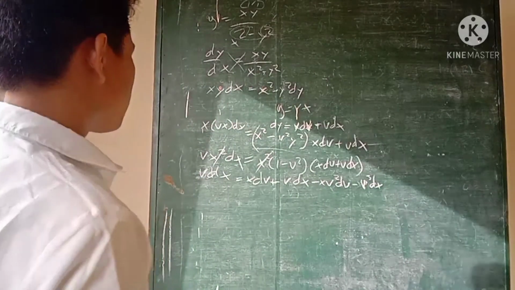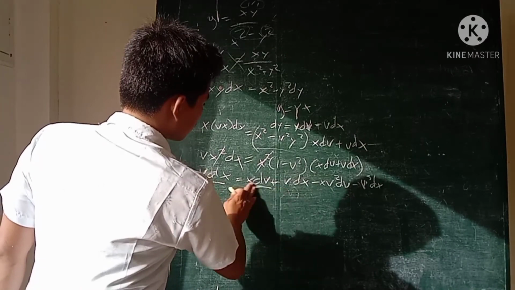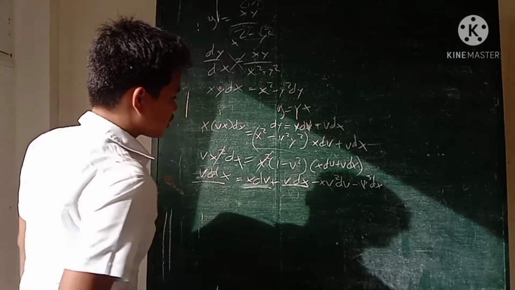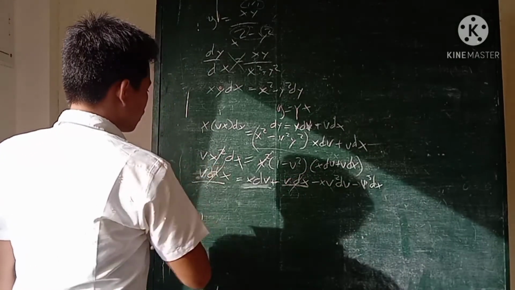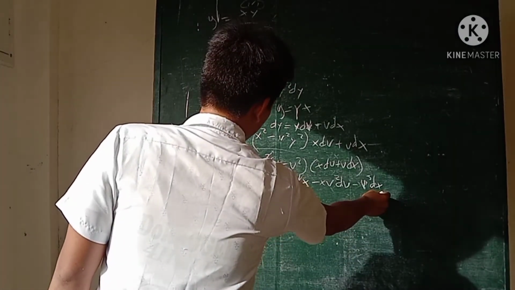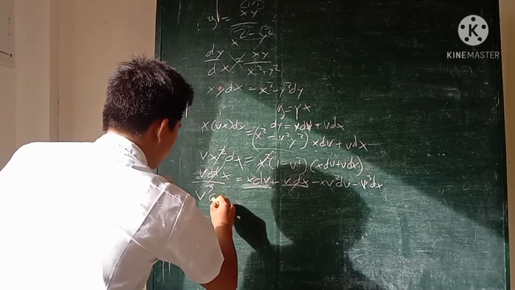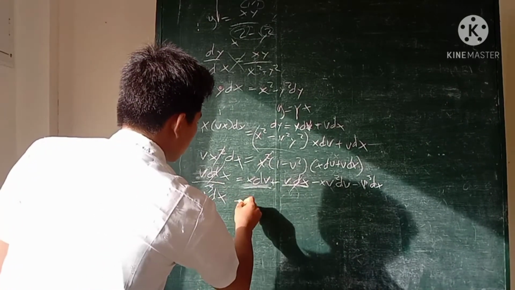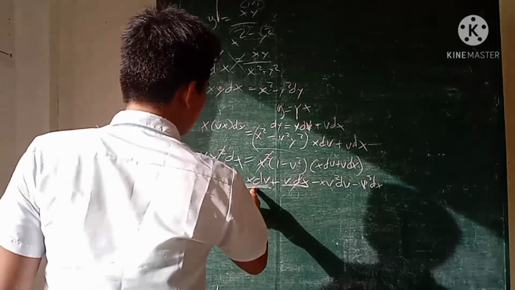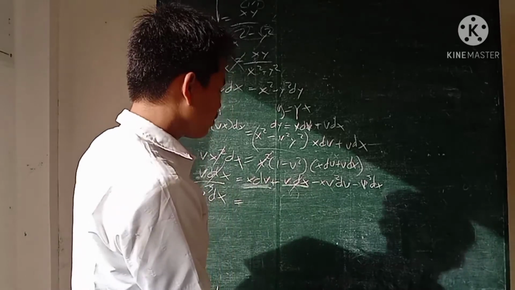Since v dx and this one are the same, cancel them out. Then let's move the v cubed dx to the left side. So v cubed dx equals x dv minus x v squared dv.